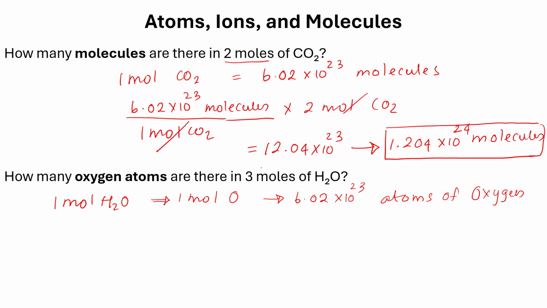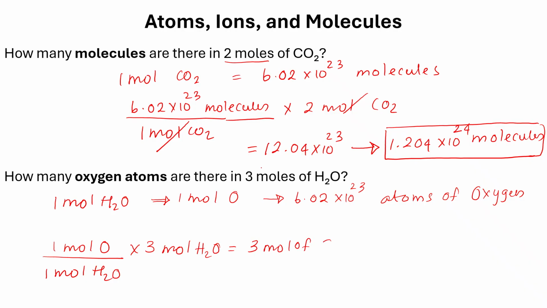So it's asking you to calculate how many oxygen atoms are there in 3 moles of water. So in 1 mole of H2O, you have 1 mole of oxygen. And we will calculate how many moles of oxygen in 3 moles of water. So in 3 moles of water, you have 3 moles of oxygen.